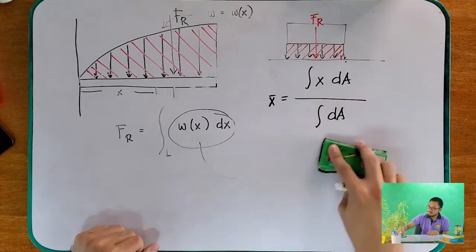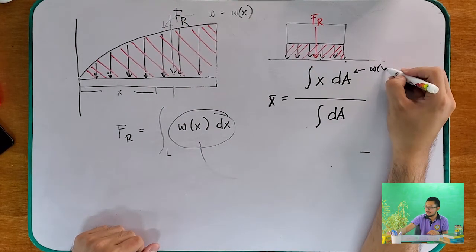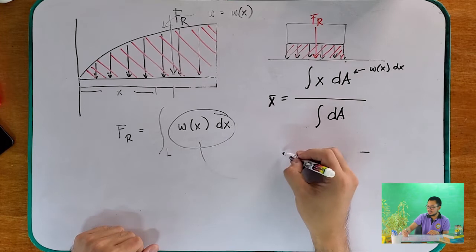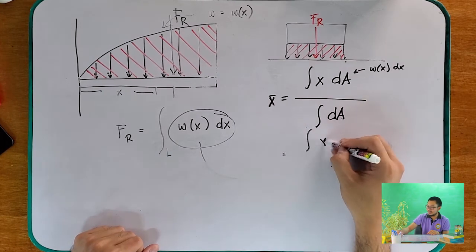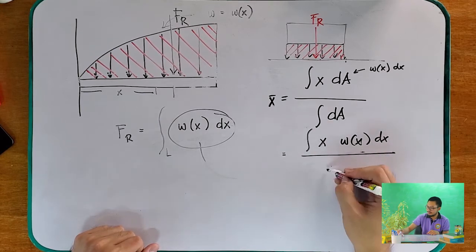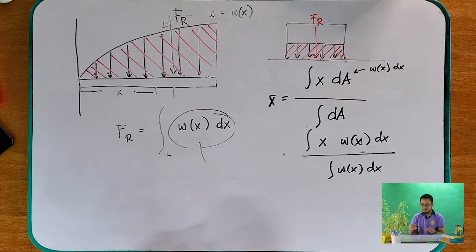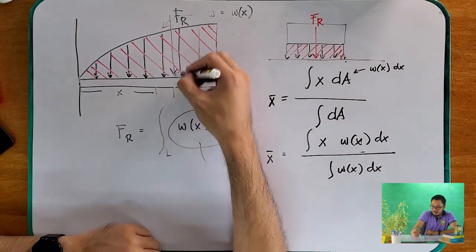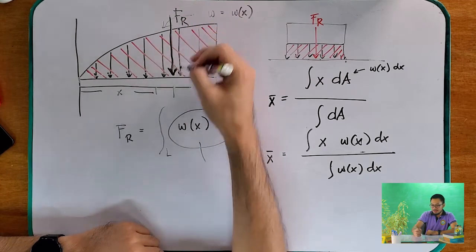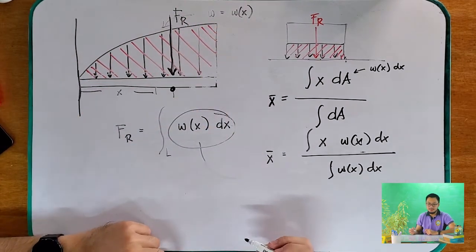Okay? Or, since your dA is equal to w(x) dx, it is just simply the integral of x w(x) dx over the integral of w(x) dx. So, that is how you determine the location of your resultant force from a certain point.